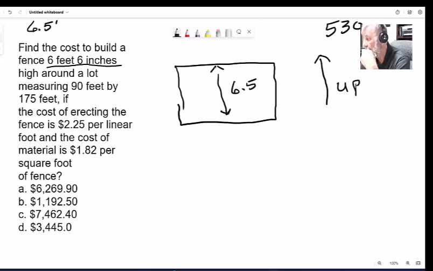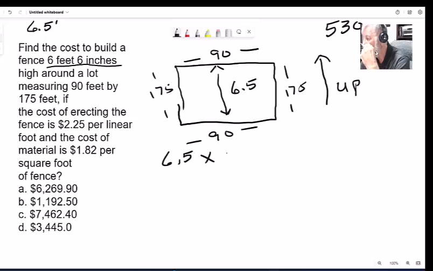I also know that it's 90 feet this way, 90 feet this way, 175 feet this way, and 175 feet this way. So now I've got to find the areas.